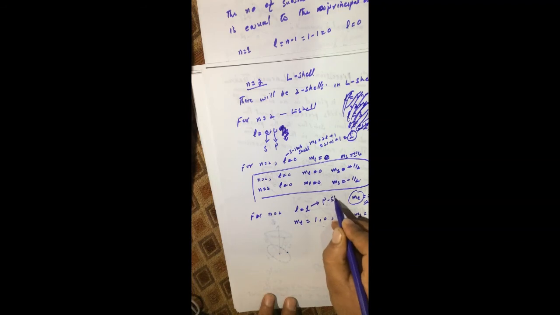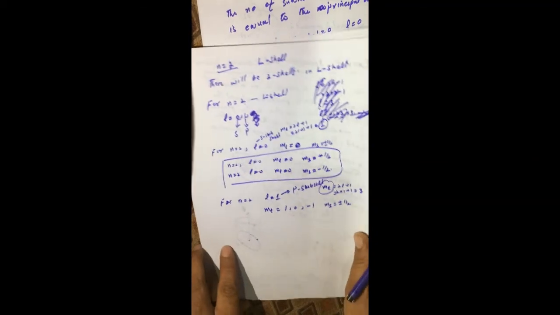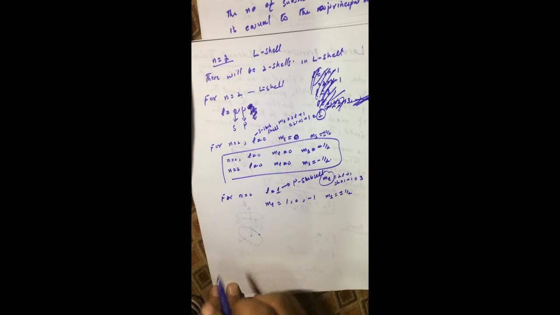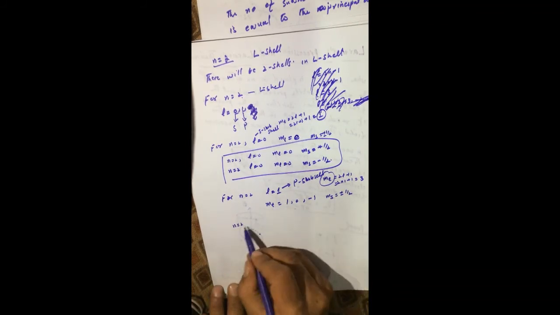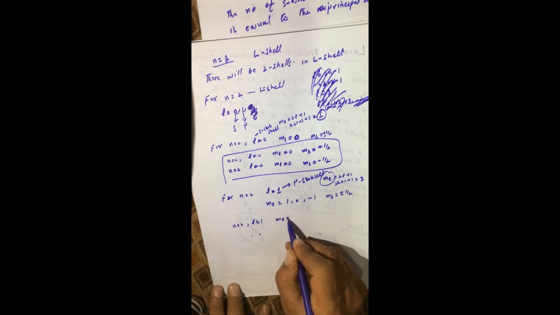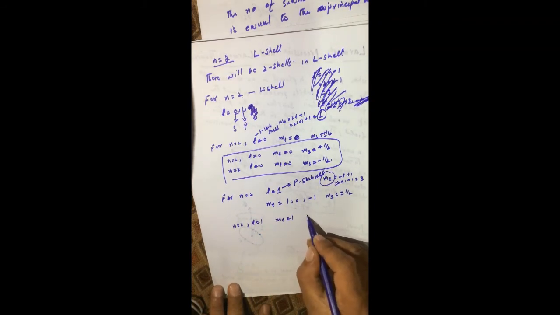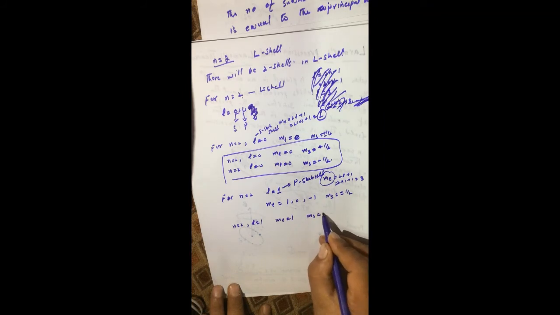So L is equal to 1 corresponds to P subshell. So in P subshell we have 6 electrons, one with quantum number n is equal to 2, L is equal to 1, ml is equal to 1, and ms is equal to plus 1 over 2.